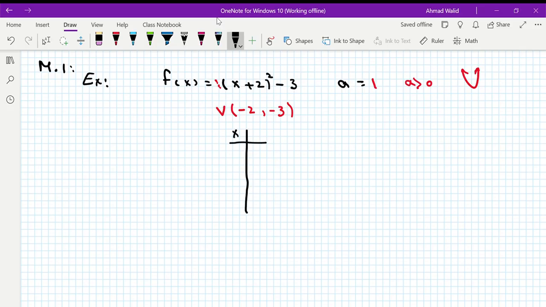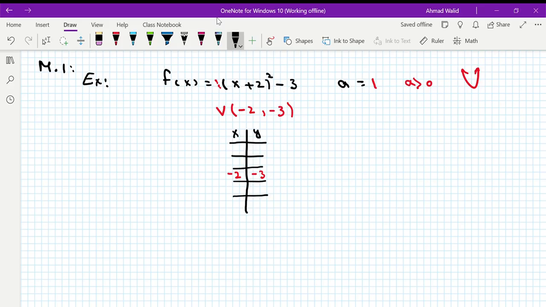Here I'll put x, here I'll put y, at least 5 points. Now focus on what I'm telling you here. Always write your vertex in the middle like this. Here is your vertex, -2, -3. That's your vertex.